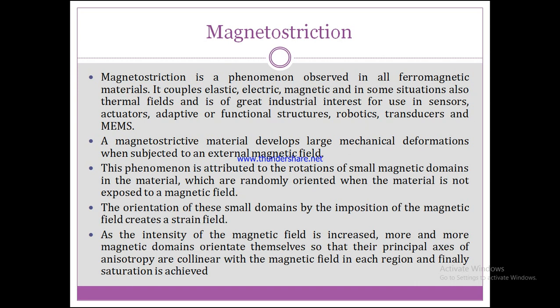The magnetostrictive material develops large mechanical deformations when subjected to an external magnetic field. This phenomenon is attributed to the rotations of small magnetic domains in the material, which are randomly oriented when the material is not exposed to a magnetic field.